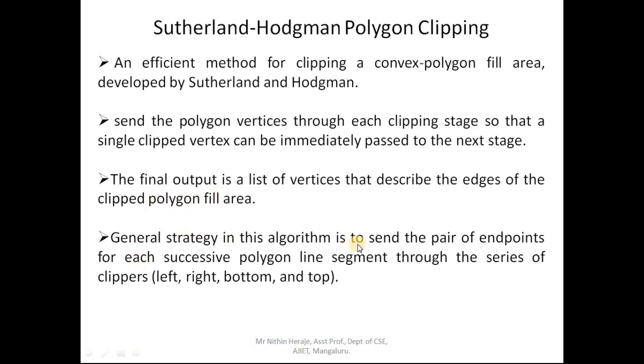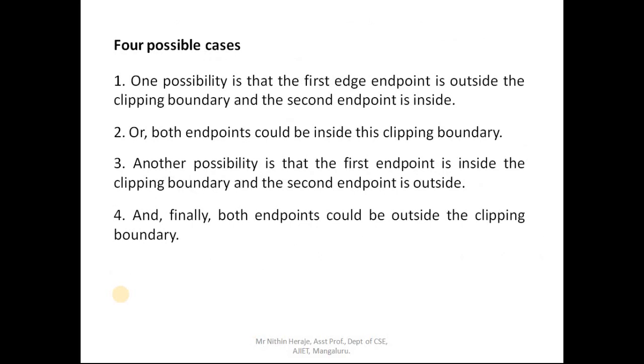General strategy in this algorithm is to send the pair of endpoints for each successive polygon line segment through the series of clippers, that is left, right, bottom and top. Okay, so we'll see what these 4 points are.